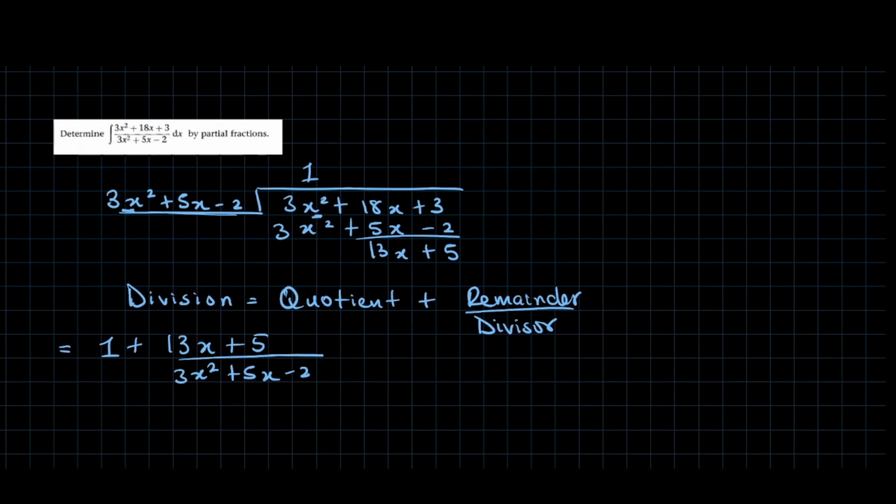I've gotten our division. Now we're simply going to take the partial fraction of this. First I'm going to factor the denominator. I'm going to use the old fashioned way: find two values that add to give you 5x, and those same two values should also multiply to give you 3 times negative 2, which is negative 6x squared.